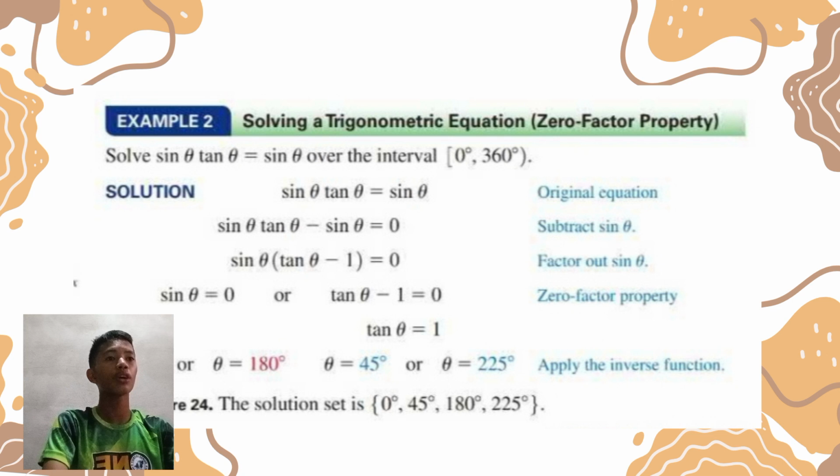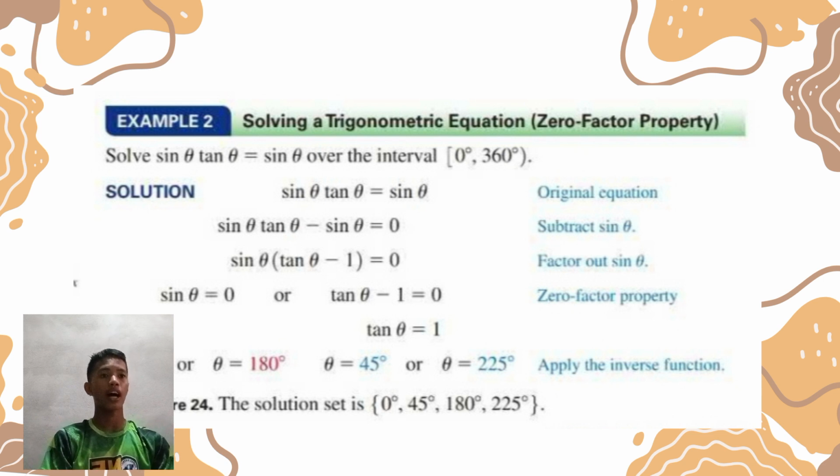Therefore, we have sine theta tangent theta minus sine theta equals 0, which is sine theta times the quantity tangent theta minus 1 equals 0. So we factor out sine theta first. Then we have sine theta equal to 0, or tangent theta minus 1 equal to 0. We use the zero factor property.